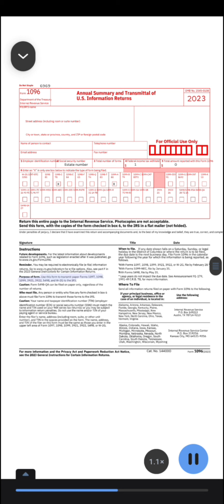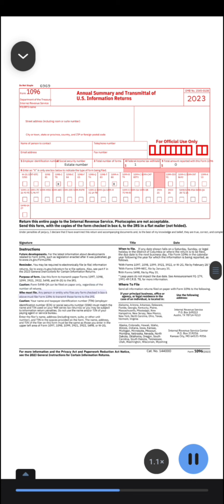Purpose of form. Use this form to transmit paper Forms 1097, 1098, 1099, 3921, 3922, 5498, and W-2G to the IRS. Caution: Form 5498-ESA can be filed on paper only, regardless of the number of returns.